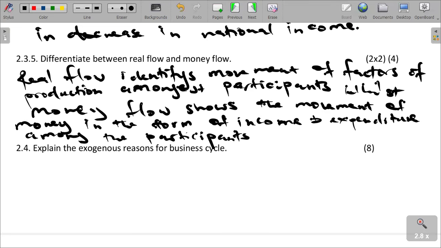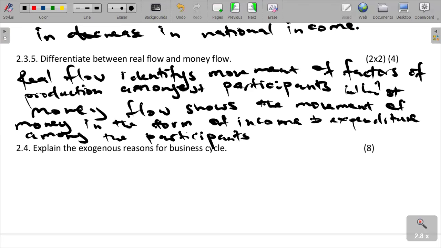Businesses purchase factors of production, which is income of households.